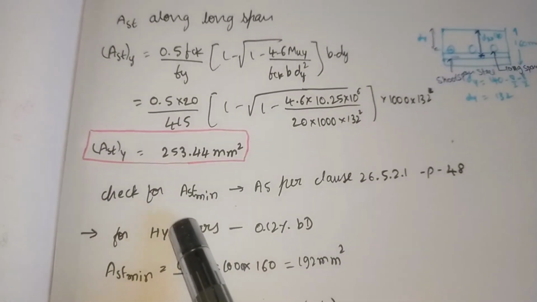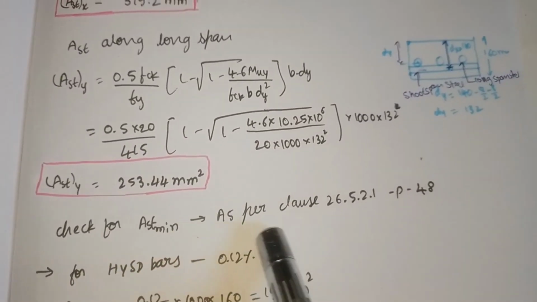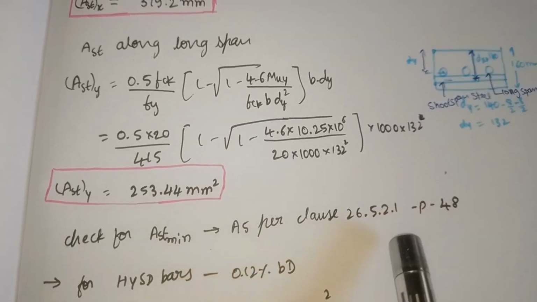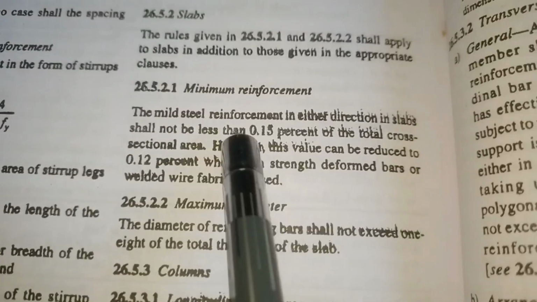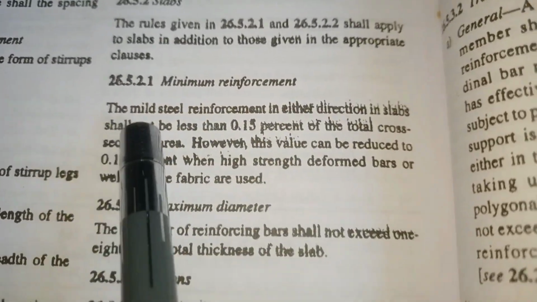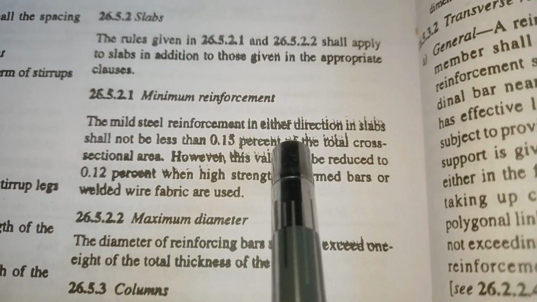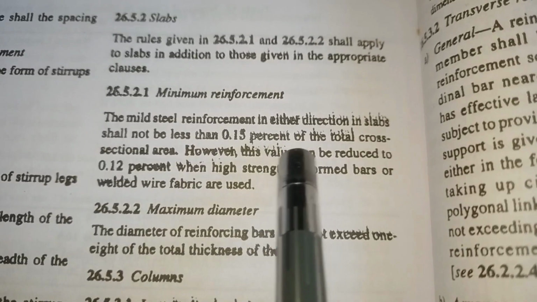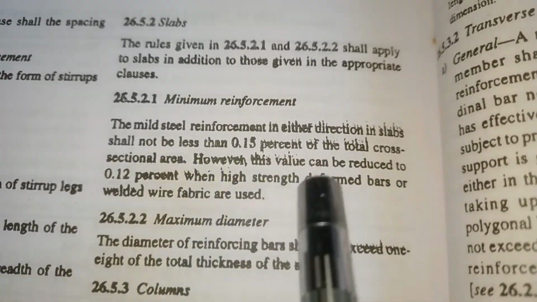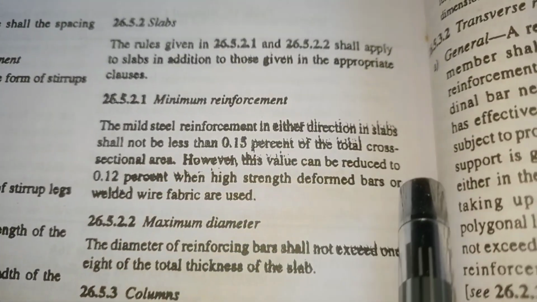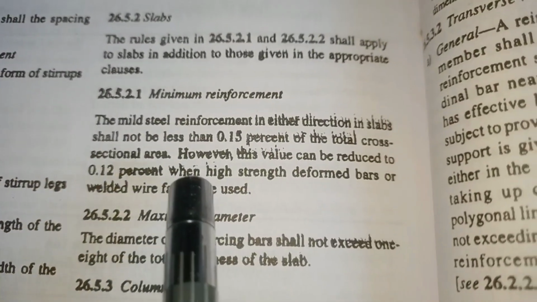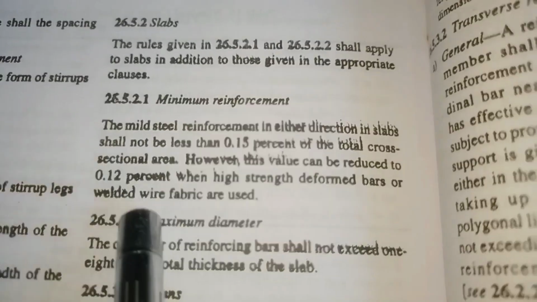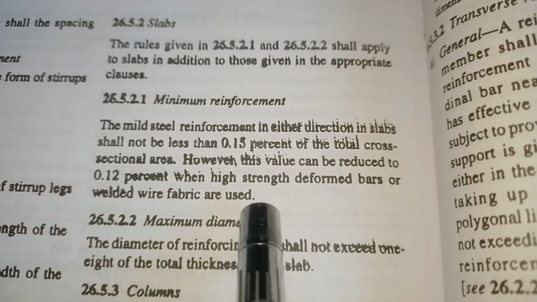And next is the check for the AST minimum. So as per clause 26.5.2.1, page number 48, we'll see. Minimum reinforcement. The mild steel reinforcement in either direction in slabs shall not be less than 0.15% of the total cross-section area. However, this value can be reduced to 0.12% when high strength deformed bars or welded wire fabrics are used.